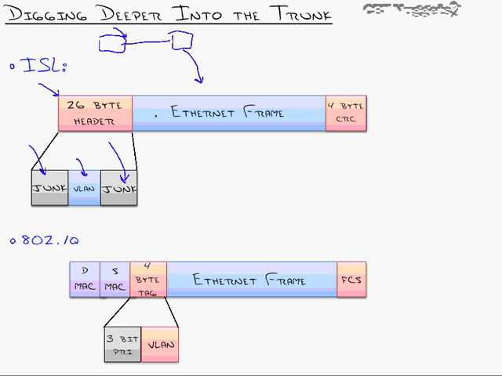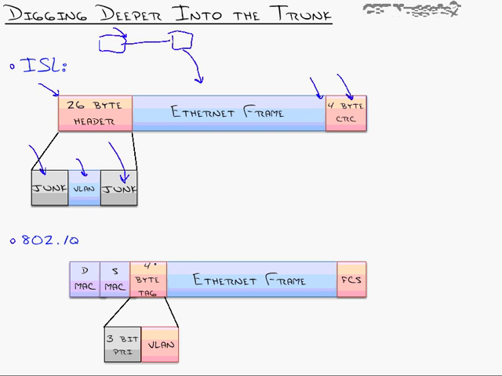But eventually, ISL evolved to just a tagging language, and we don't need all that junk, but it's still on there. It follows it up with a brand new 4-byte CRC. That's in addition to the normal CRC that's on the end of this frame. A lot of people call it the frame check sequence, but that's unchanged. It just gets encapsulated.